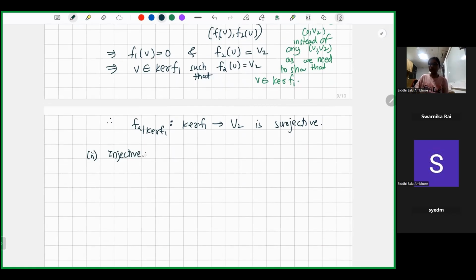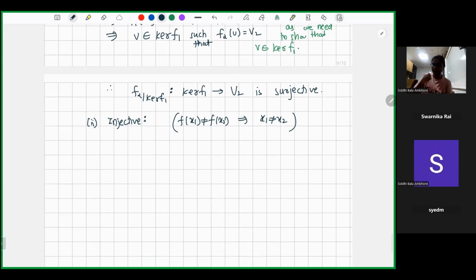To check injective, I hope you understand, the traditional definition of injective is: if x1 is not equal to x2, then F of x1 is not equal to F of x2. Yeah, this is my injective condition.